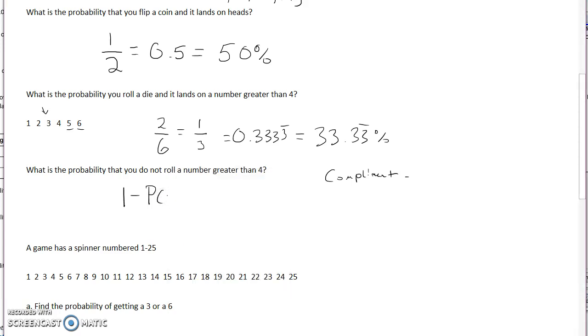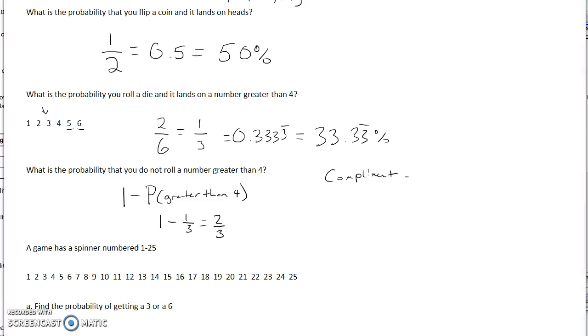So what is the probability that you do get greater than 4? That would be 1 minus the probability that we get a number greater than 4, which is 1 out of 3. We can use our calculator to find this, remember, either by subtracting the fraction using a TI-30 or a TI-83. I know that 1 minus 1/3 is 2/3.